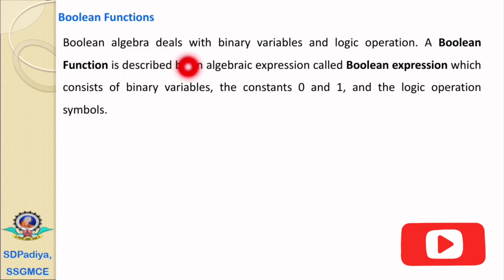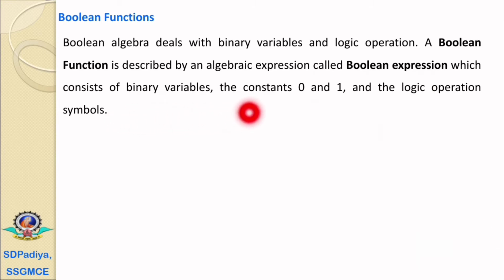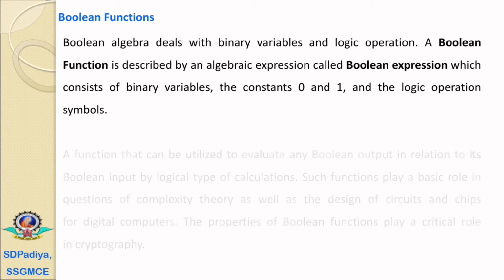Boolean algebra deals with binary variables and logic operations. A Boolean function is described by an algebraic expression called a Boolean expression, which consists of binary variables, the constants 0 and 1, and the logic operation symbols.